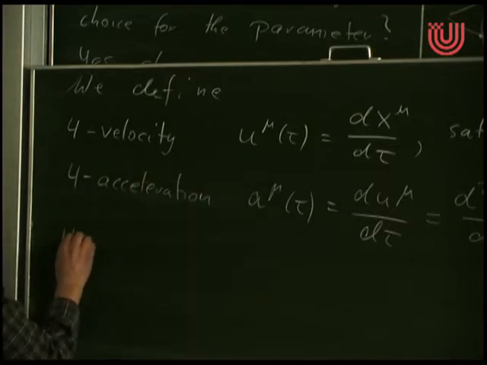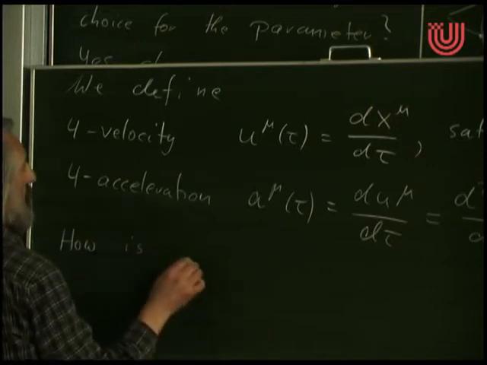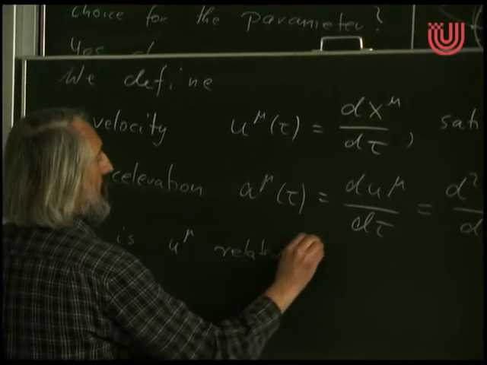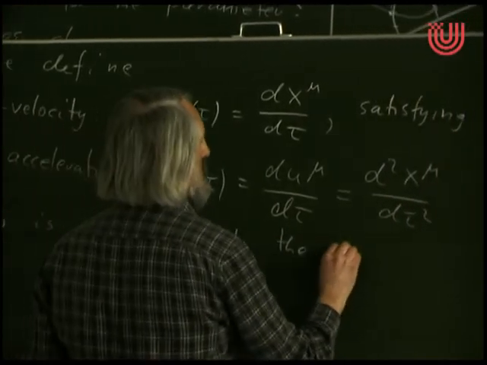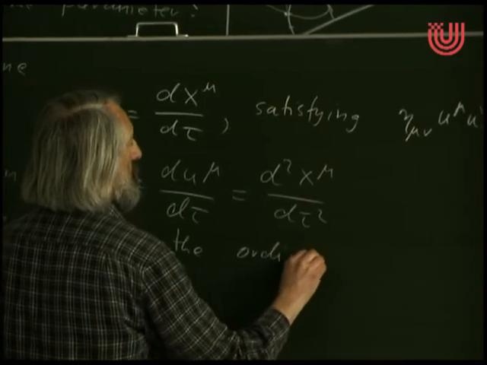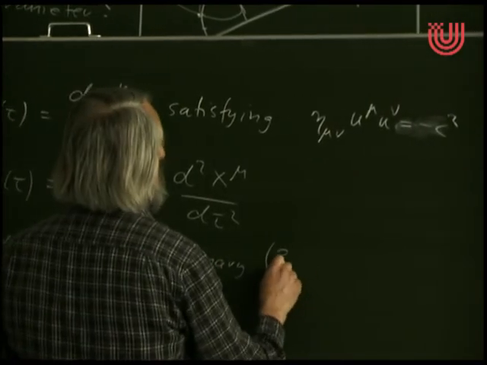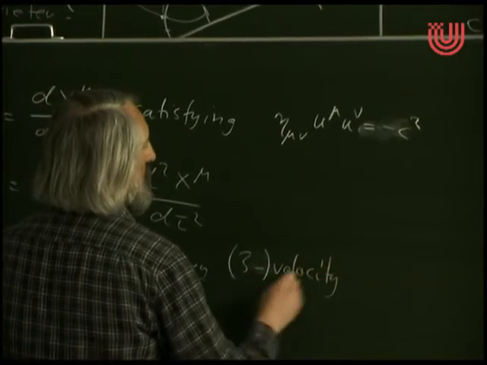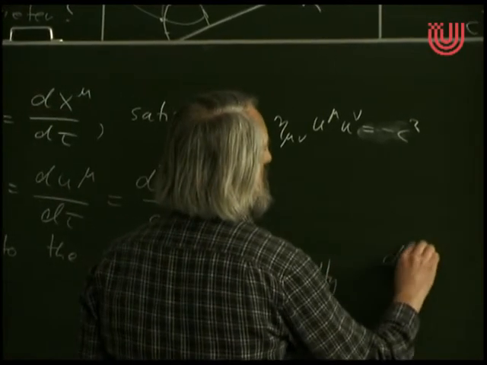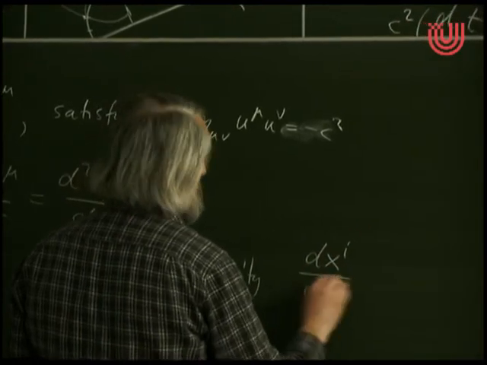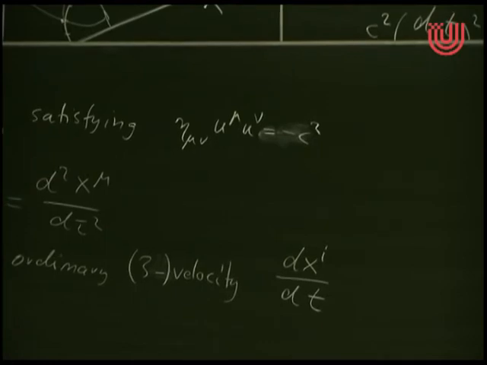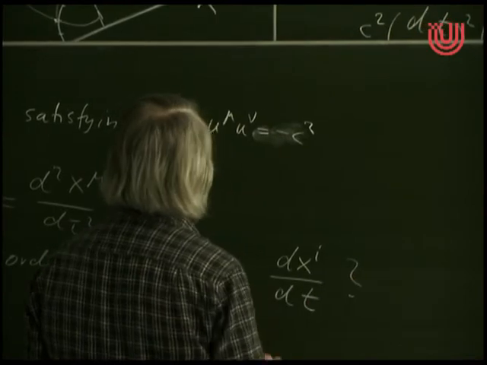So let's calculate this. How is u^μ related to the ordinary, or what you might call the 3-velocity, v? So this would be defined as dx^i by dt, not by τ. You would do it with respect to the coordinate time in which you are sitting. So that's what you would call the ordinary 3-velocity.